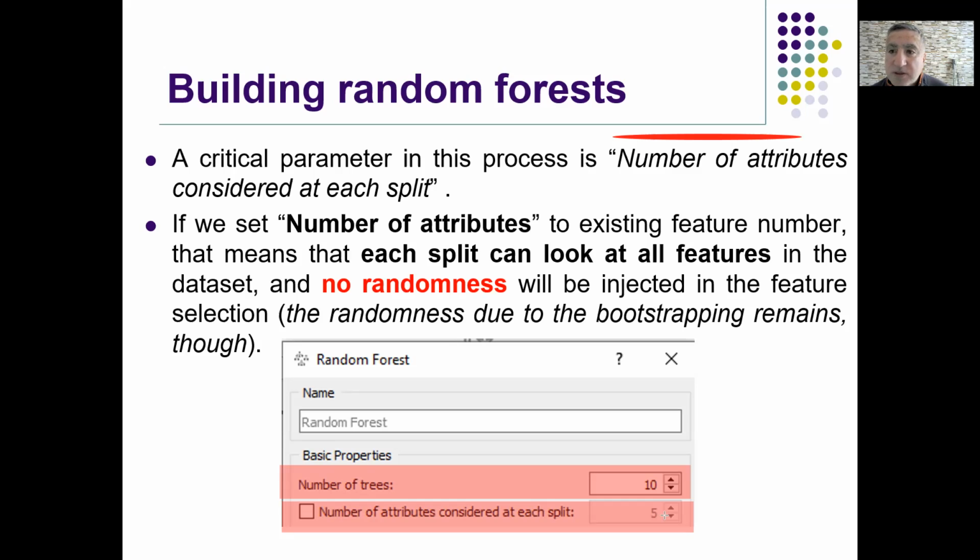Okay, so this number should be between 1 and the number of features in the data set. You need to be careful and play with it. If you scale up to the number of features in the data set, then you will see that you overfit to the data.